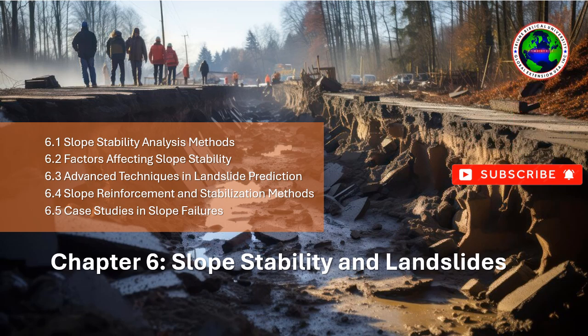The natural topography, including steep slopes and loose soil, predisposed the area to landslide risks. Undetected groundwater movement. Groundwater movement beneath the slope, along with water from the rainfall, created excess pore pressure, reducing the soil's shear strength and contributing to the landslide.